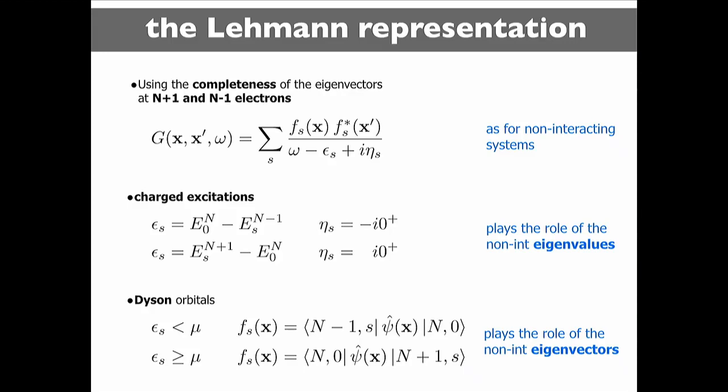So when we look at a spectrum, structures below the Fermi level involve many-body excitations with n-1 electrons, and structures above the Fermi level involve excitations with n+1 electrons.